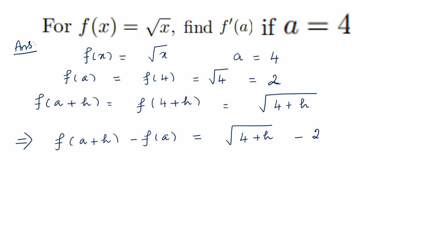Now we are going to find out f'(4). For that, first we have to recall the rule. What is f'(a)? The derivative of f(x) at x equal to a. Limit h tends to 0.